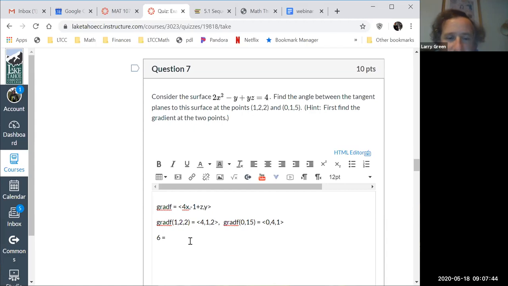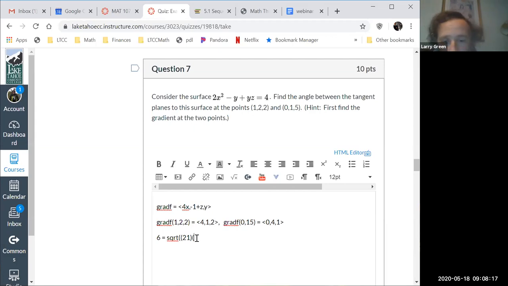So we can take the magnitude of (4, 1, 2), and that's 16 plus 1 plus 4, which is 21. Times the magnitude of the second vector, which is 0 plus 16 plus 1, which is 17. And I guess I need to put some square roots in there. And what I'm going to do is note that we're taking the square root of each, so you can take them combined.